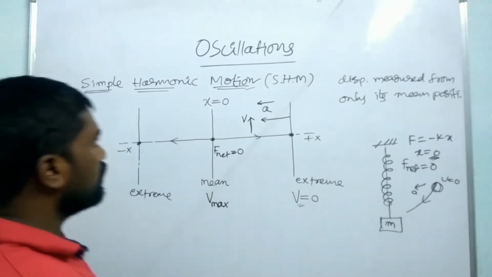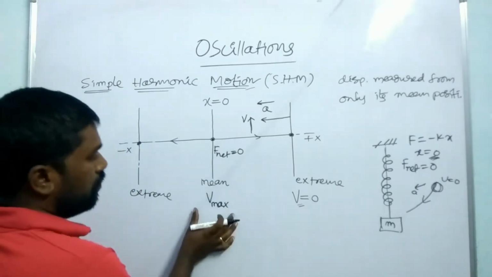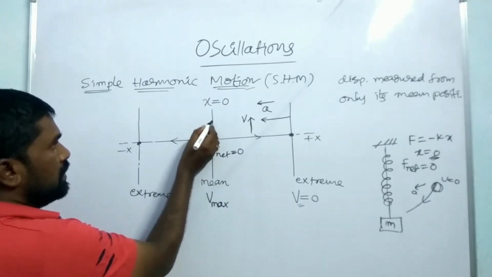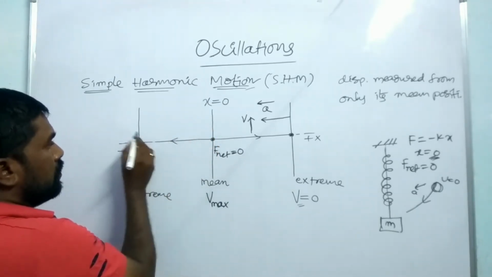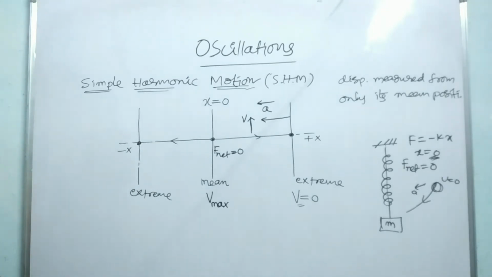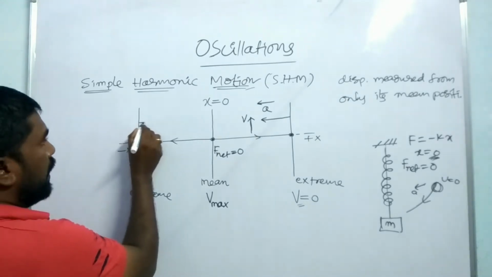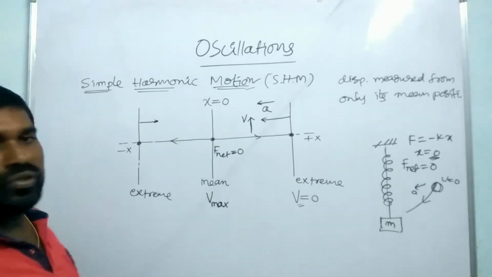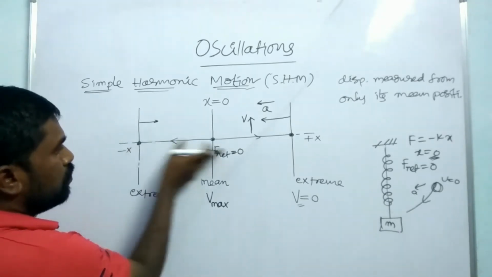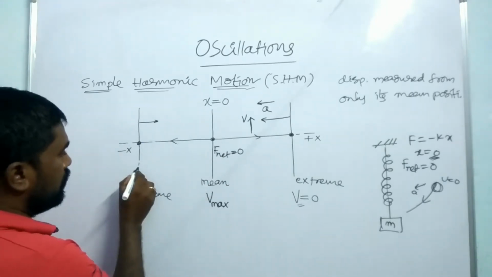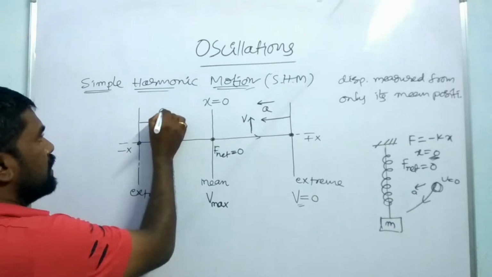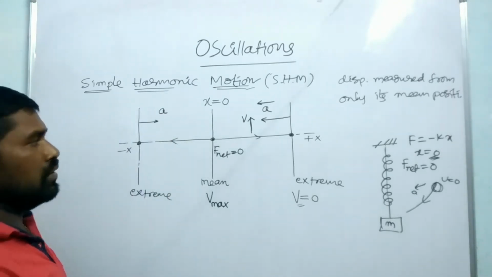Clear? Right. Now the particle has the maximum velocity and it moves to this side, so it reaches the maximum position. Then the force should be acting in this side, so the particle moves towards the mean position. So the acceleration is in this direction.